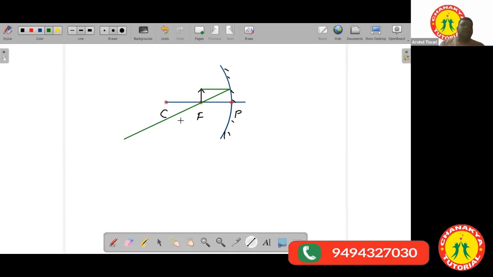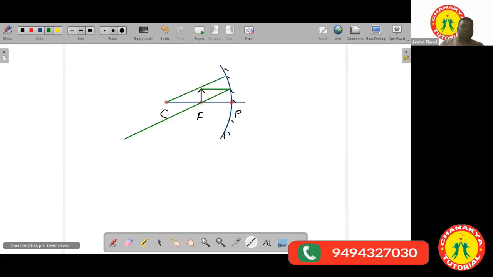The second light ray, you can take either through the pole, or, as I told you, passing through the center of curvature. A ray of light passing through the center of curvature may be taken something like this. What happens to a ray passing through the center of curvature?